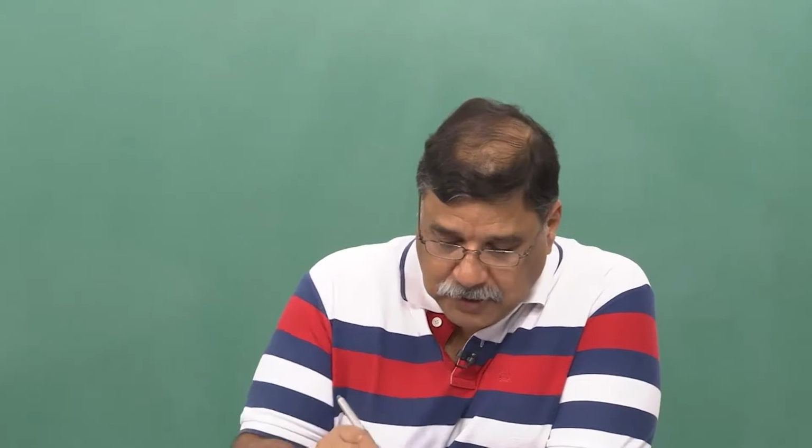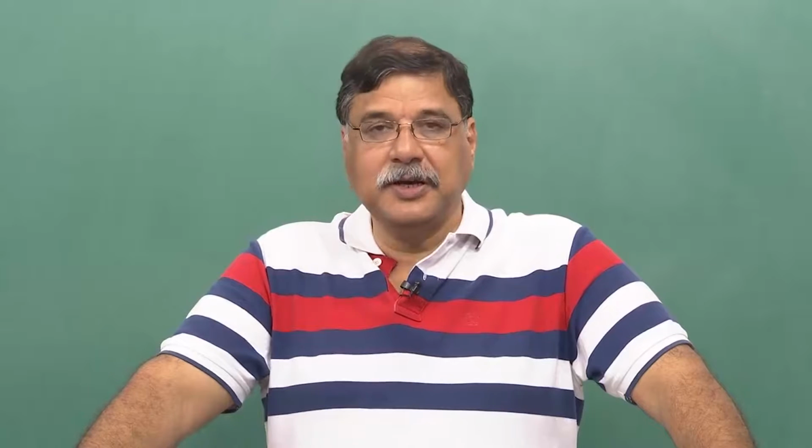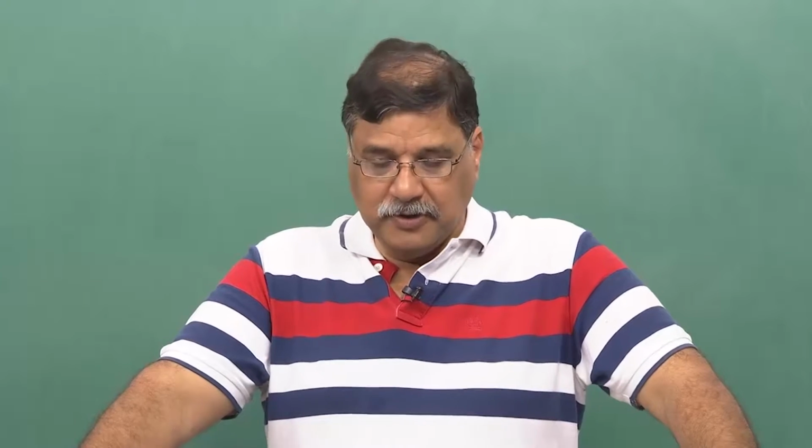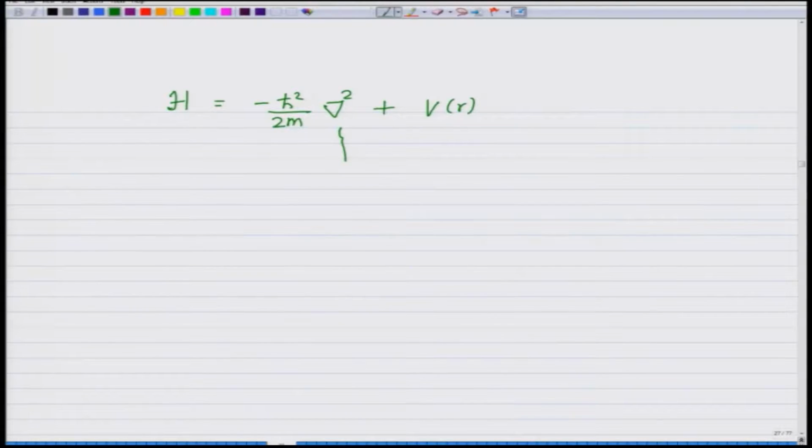So, the Hamiltonian in such cases where the potential is spherically symmetric is minus h cross square over 2m Laplacian plus V(r). Notice that we are talking about a 3-dimensional case, because the potential depends on r distance from the origin, and therefore, the kinetic energy necessarily has del square, not a simple d2 by dx square or d2 by dy square derivative.